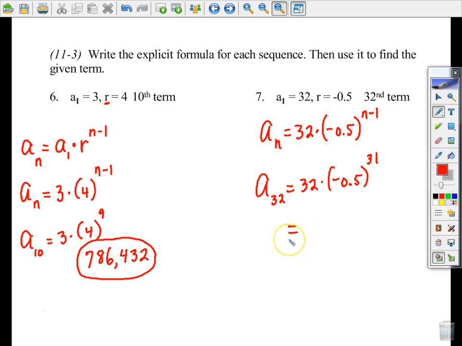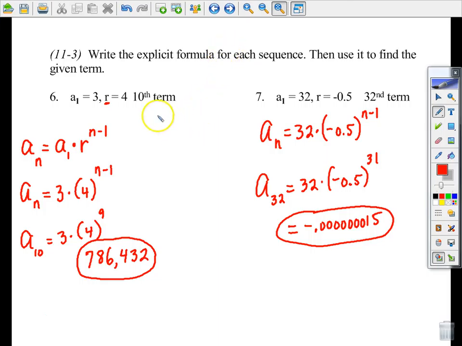And depending on the calculator that you use, you may end up with scientific notation. This is not the type of decimal answer I will give you on the test. So you're going to be left with this answer, negative point, and then there are 7 zeros, and then 1, 5. And that is our 32nd term of this geometric sequence.